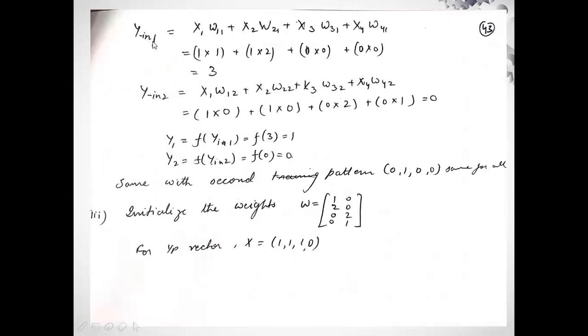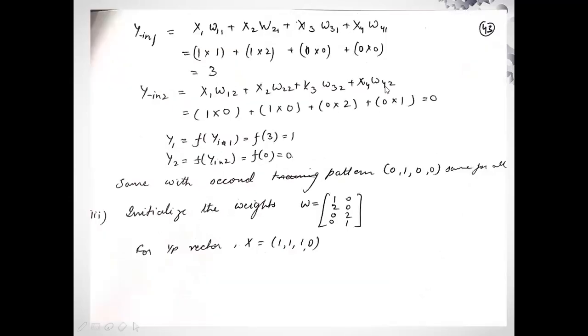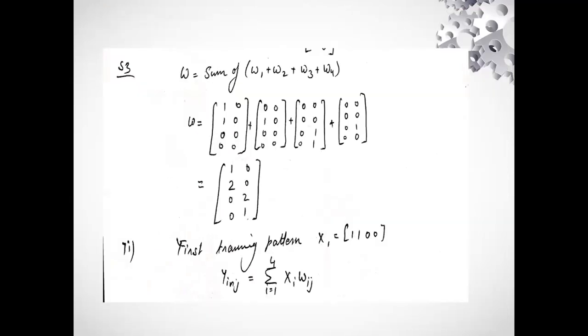So this will be calculated for Y_in1. What is Y_in1? It is X1 times the first column of W, with W11, W12, W13, W14 in the first row and W21, W22, W23, W24 in the second. So 1 multiplied by 1 plus 1 multiplied by 2 according to the matrix, with entries 1, 2, 0, 0.